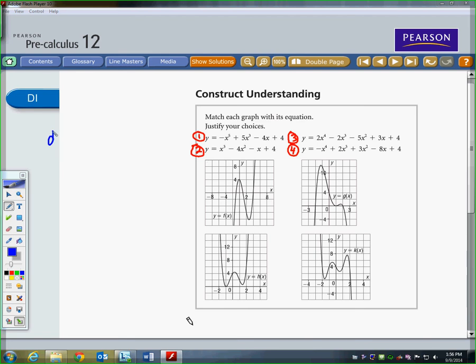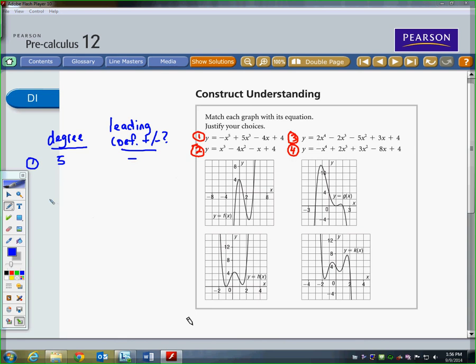So the degree and also the leading coefficient, whether it's positive or negative. So the first one here, the degree, the highest degree is this first term, and that is the fifth. It's a degree 5, and the leading coefficient is negative.